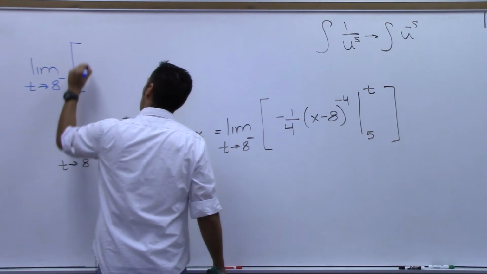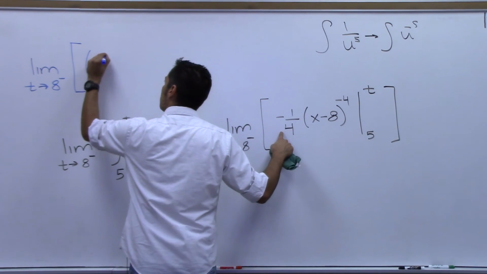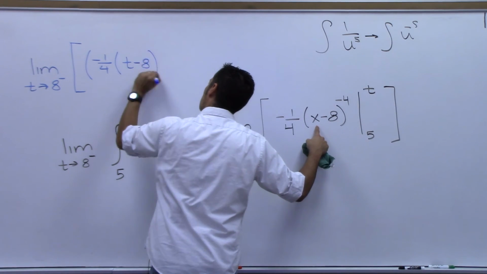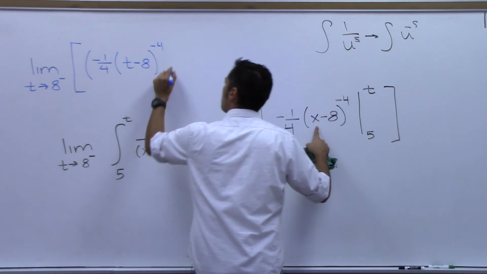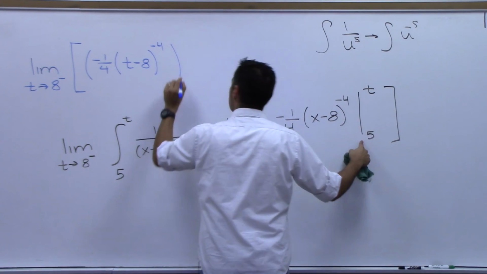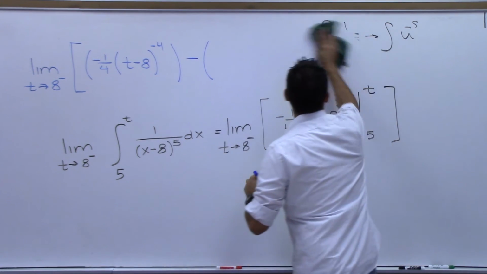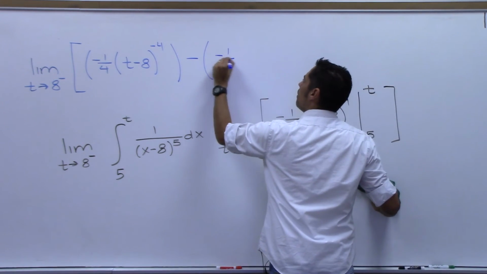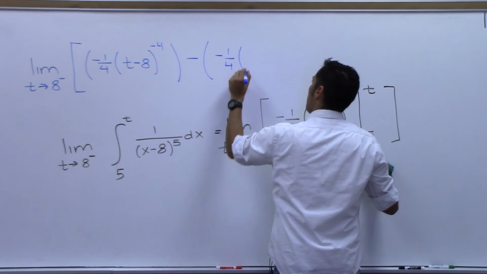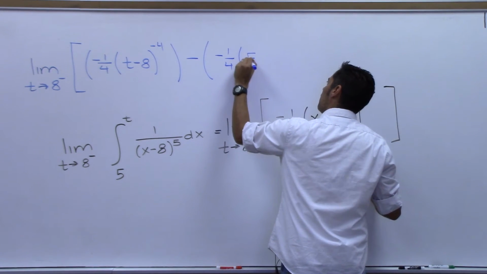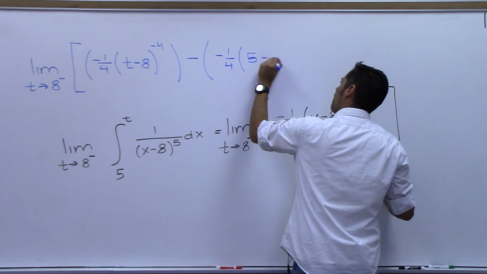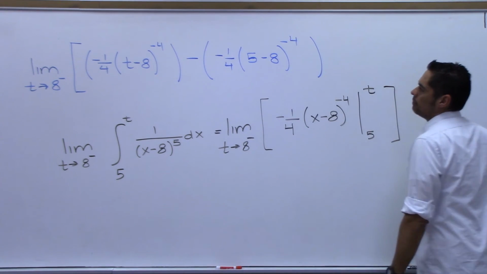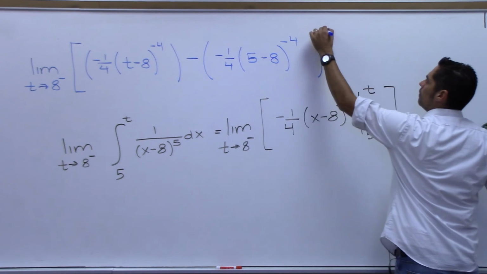Plugging t in, I get negative 1/4 (t minus 8) to the negative 4, minus what I get when I plug in 5, so negative 1/4 (5 minus 8) to the negative 4. Is that okay?